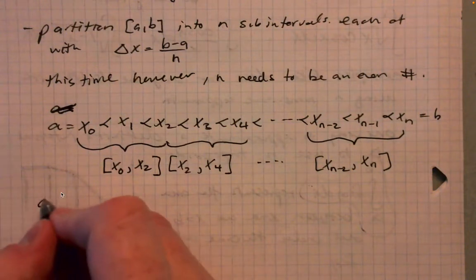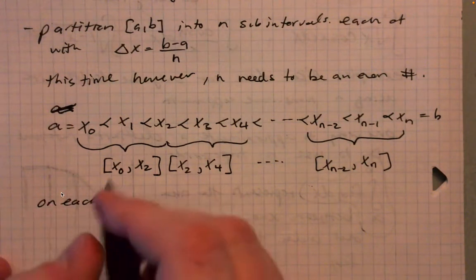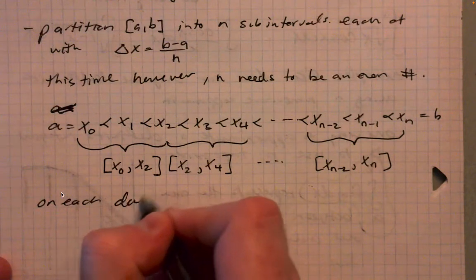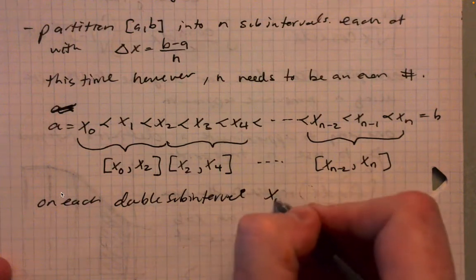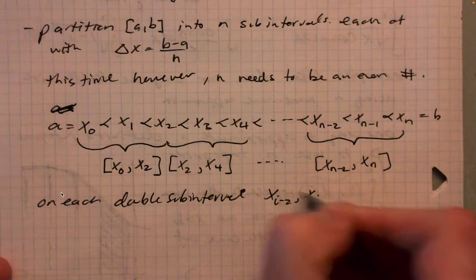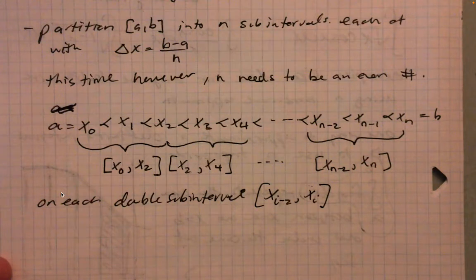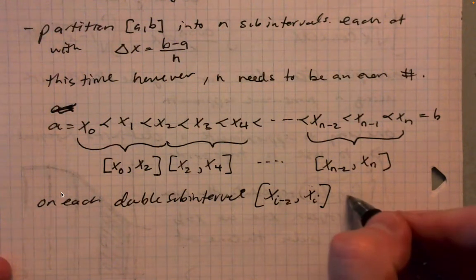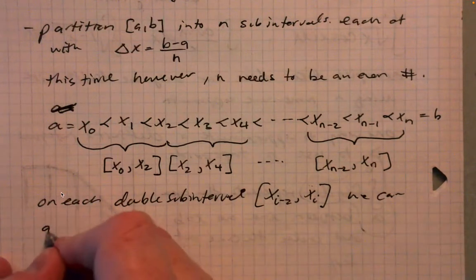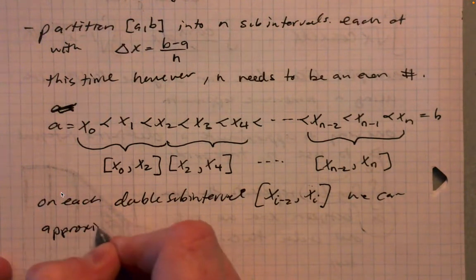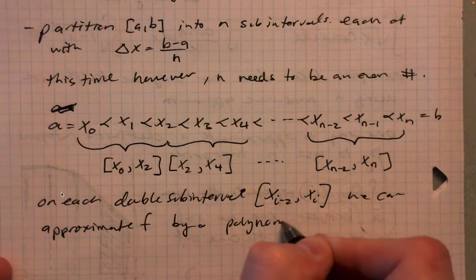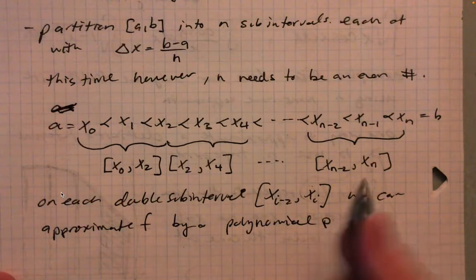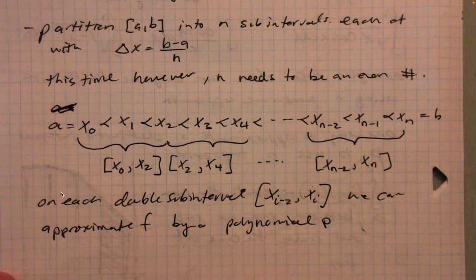So then on each double subinterval, which we'll call x i minus 2 to x i, we can approximate f by a polynomial p, where p is of degree less than or equal to 2.